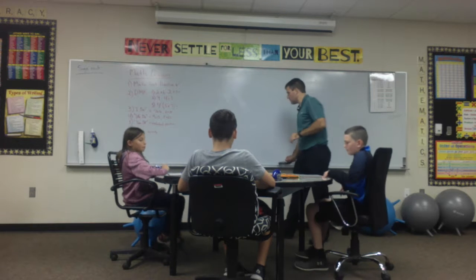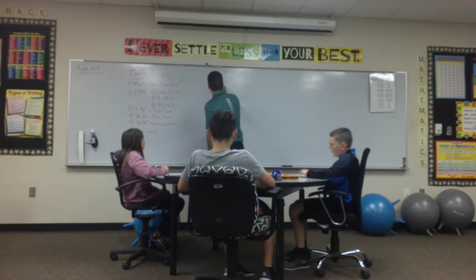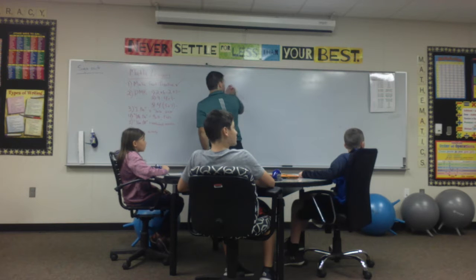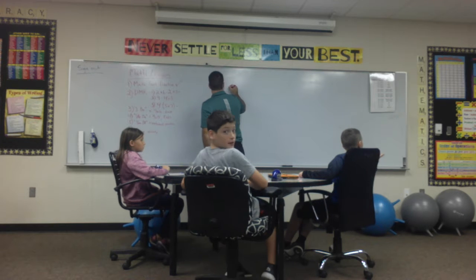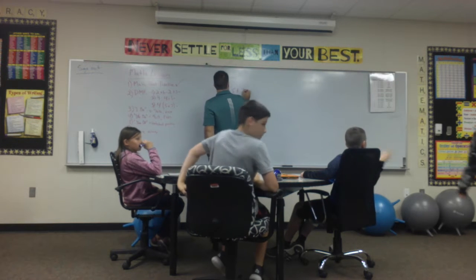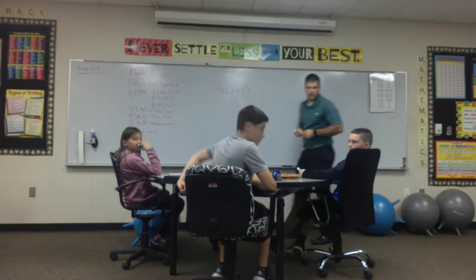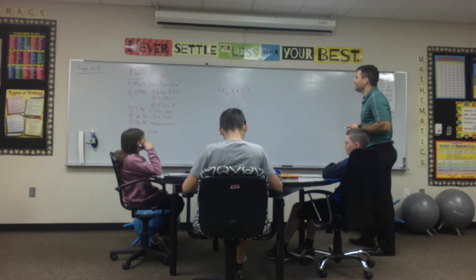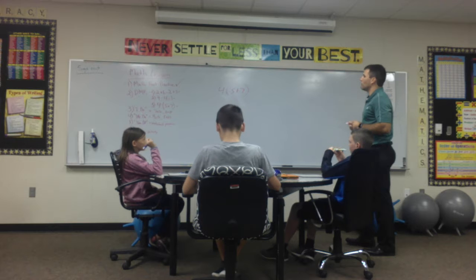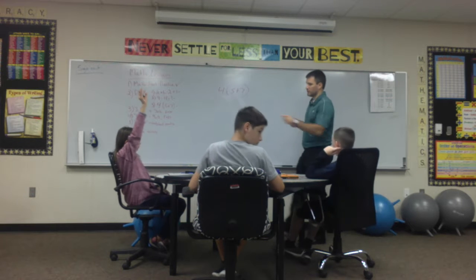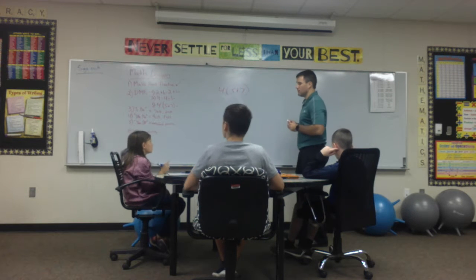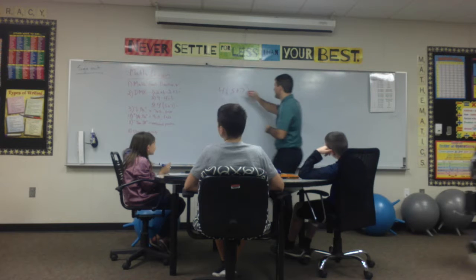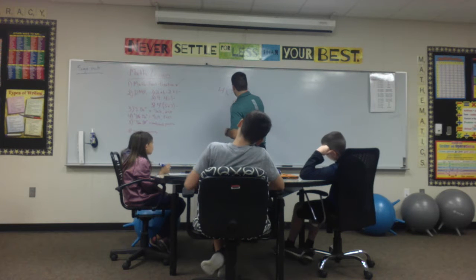Okay, number 3 is where maybe we did something a little different. So if we're going to follow order of operations, what step are we going to do first, Abby? Parentheses, yep, so 5 plus 7 is 12.